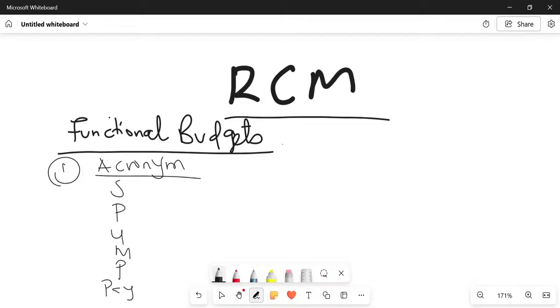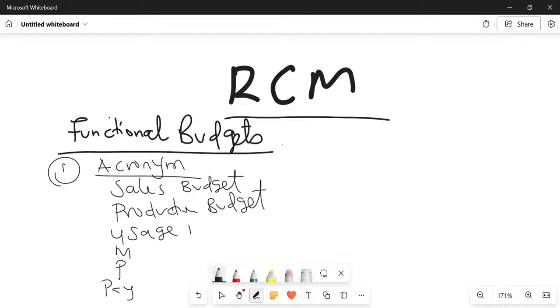First of all, I have to provide what we call a sales budget. After giving them a sales budget, we come and give a production budget. That is number 2, because functional budgets normally follow some order. From there, ladies and gentlemen, you go ahead and give us a usage budget.